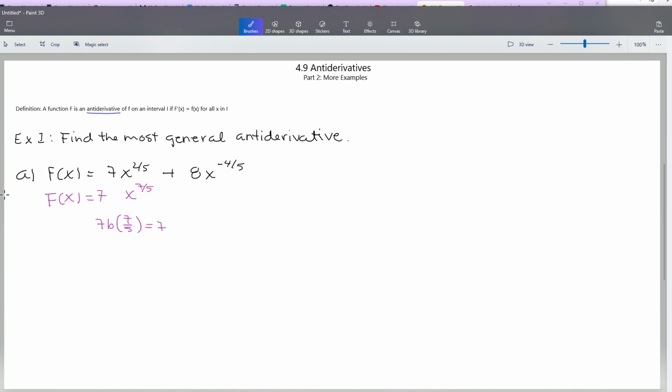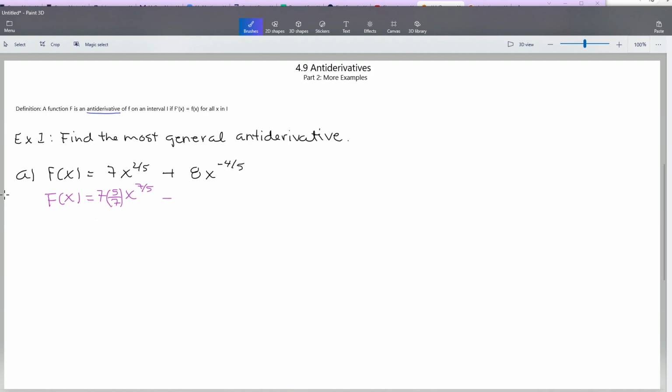So the reality is that we want this number to cancel out the number coming from the exponent, just like we saw in the previous examples. So really what we want to use is 1 over 7/5, or the reciprocal of 7/5, which is 5 over 7.